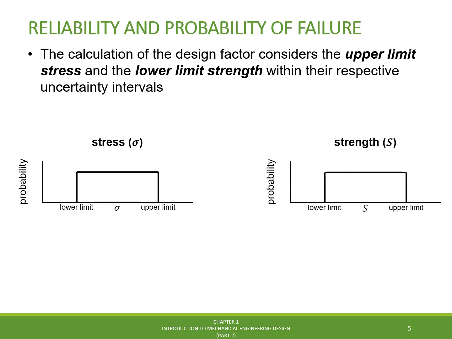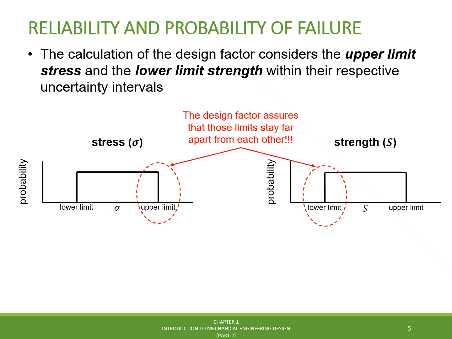If we're able to plot those charts for both the stress and the strength, which are called the probability density functions, we can determine directly the probability of occurrence of any value of stress and strength within their respective uncertain intervals. So what does the deterministic approach do?